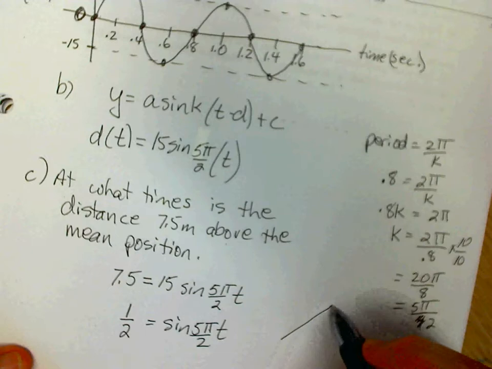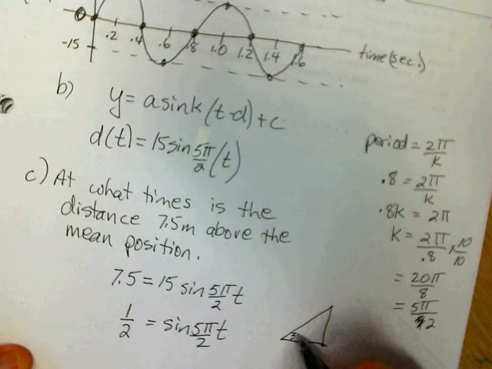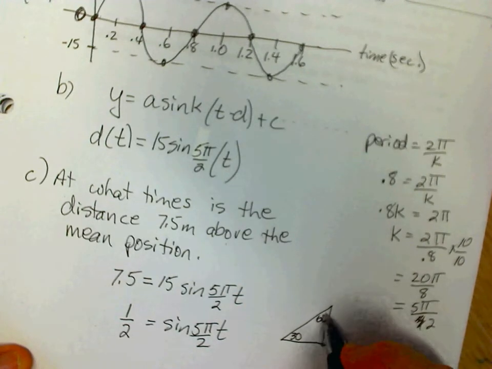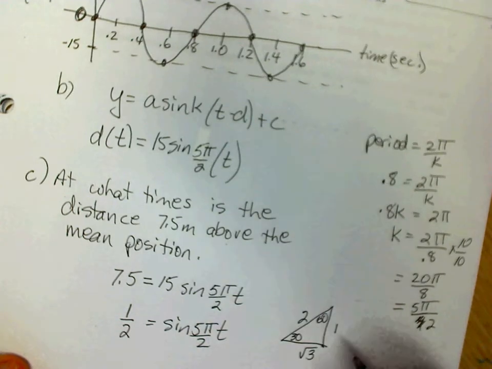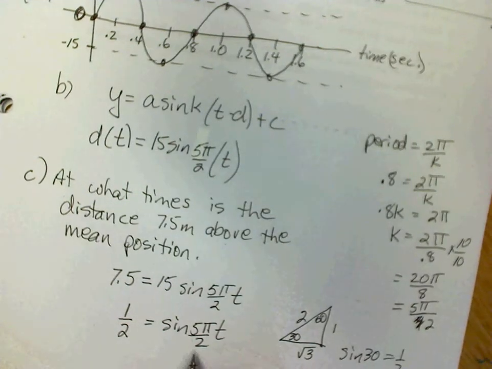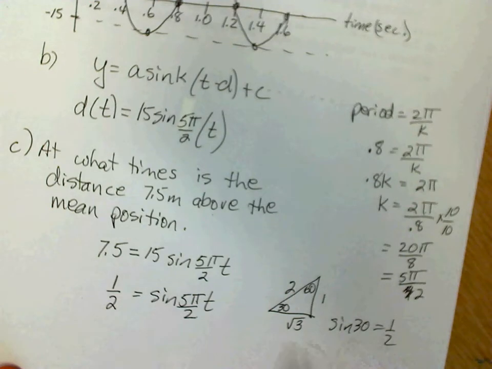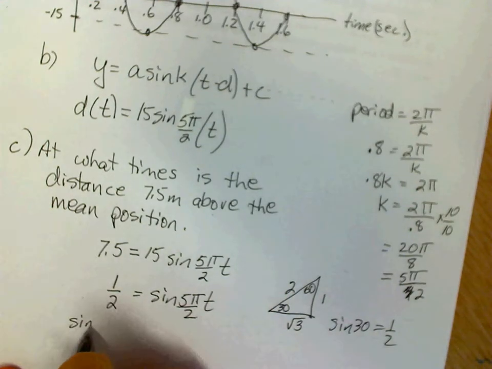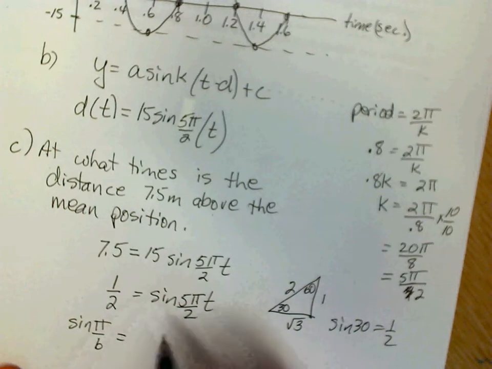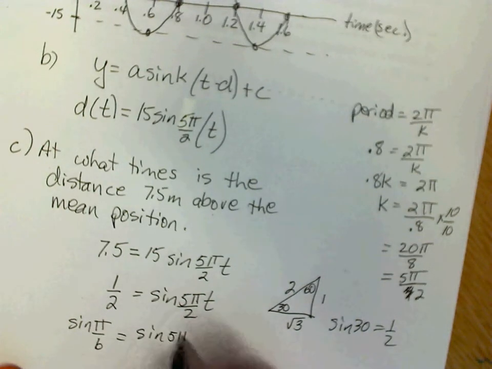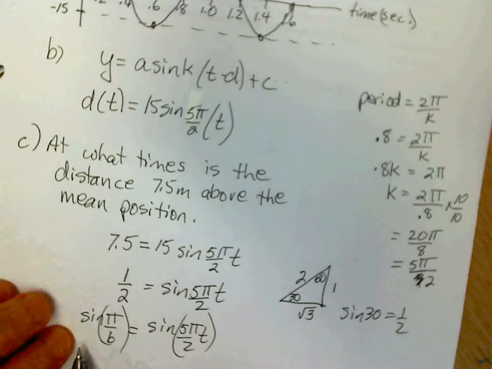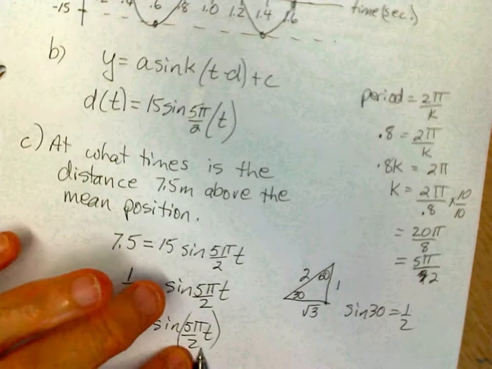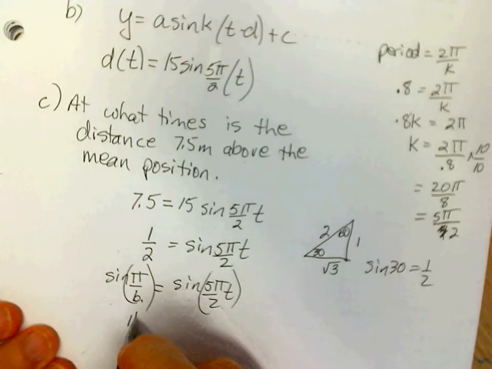Sine of 30 equals 1/2, but we're working with radians. So we have to write sine of pi by 6 equals sine of 5 pi by 2t. So if sine of this equals sine of this, then we know pi by 6 equals 5 pi by 2t.